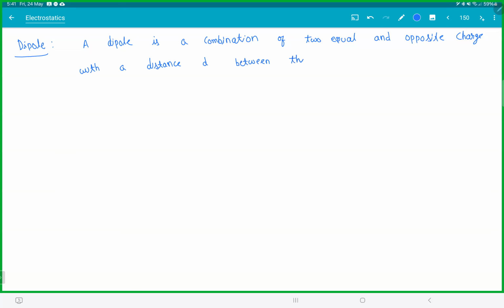So if you have charge minus q and charge plus q, and the distance between them is d, this whole setup is called a dipole moment.